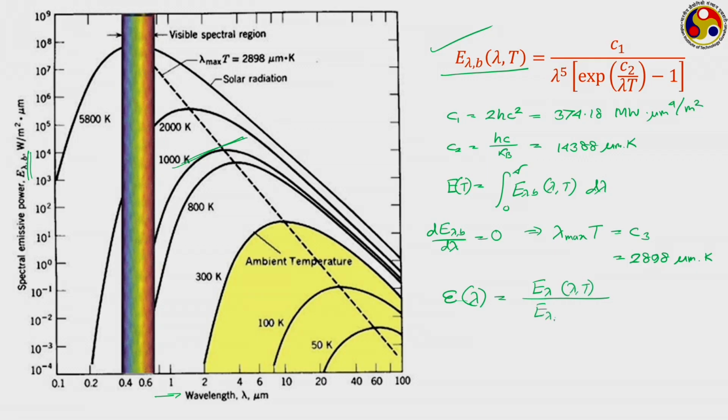The spectral hemispherical emissivity is defined as the spectral hemispherical emissive power for a real surface divided by the spectral hemispherical emissive power of a black body. Estimation of this epsilon is very important for any real radiation based measurement.